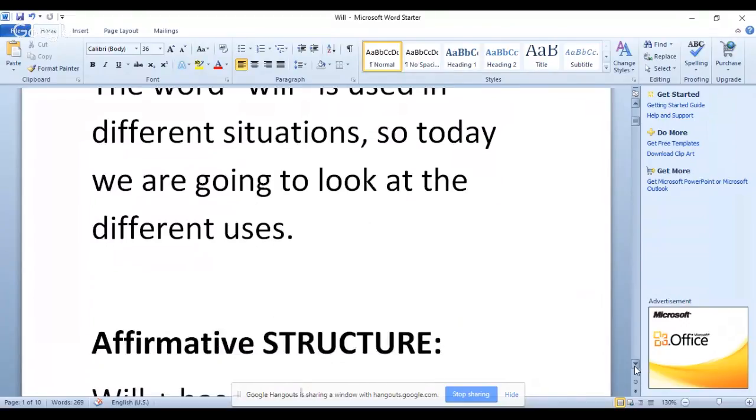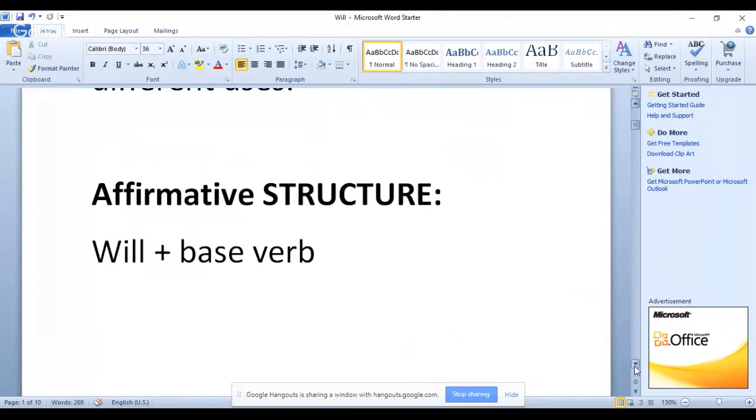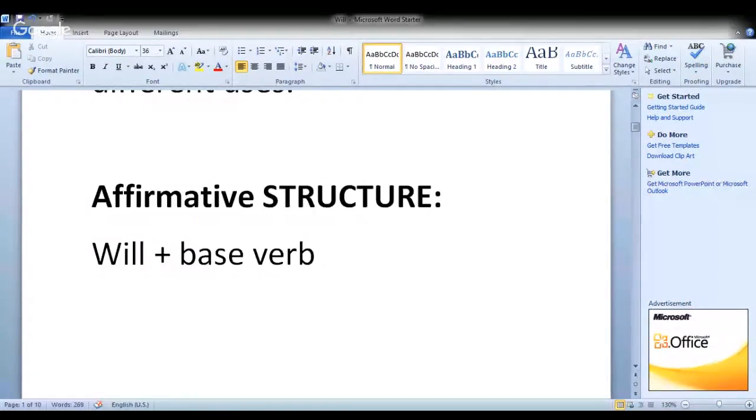The next part is, I've done this in each part, just the affirmative structure. It's just will plus the base verb. What kind of verb can you tell us that will is? Is it a verb, Ken? Auxiliary. Okay, yeah, so it's an auxiliary verb. What do auxiliary verbs do?